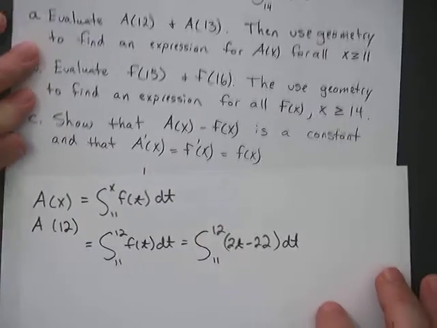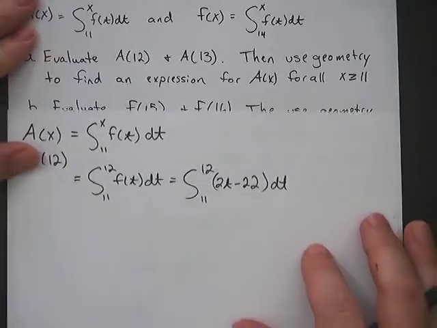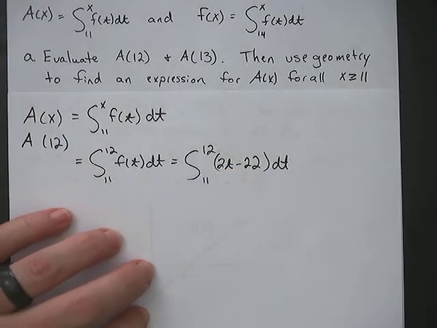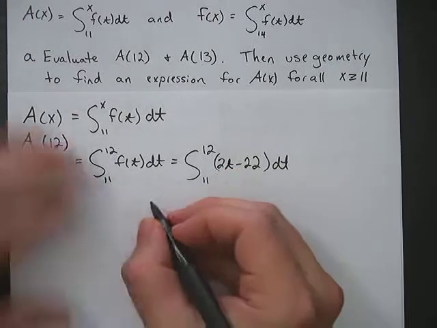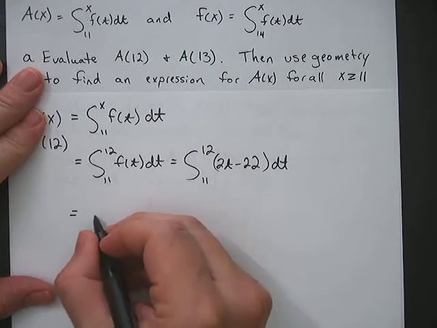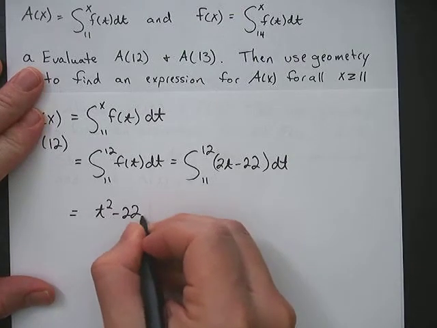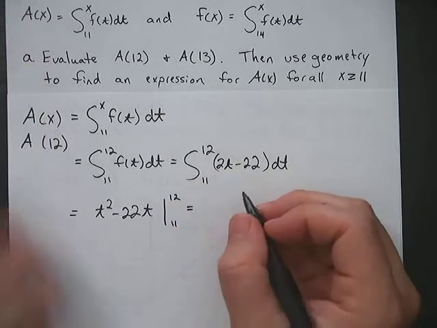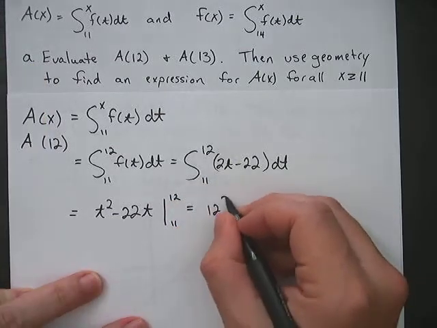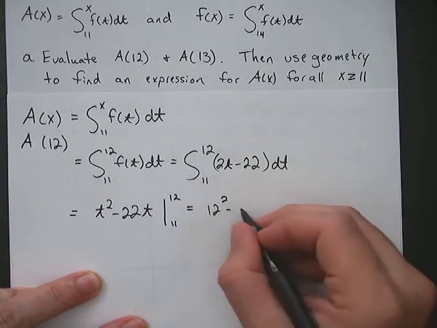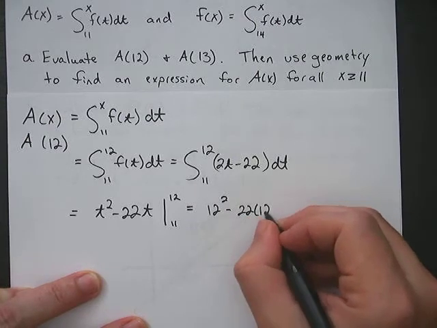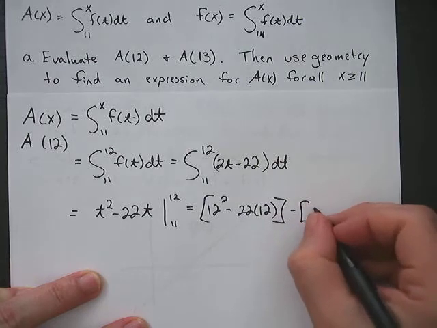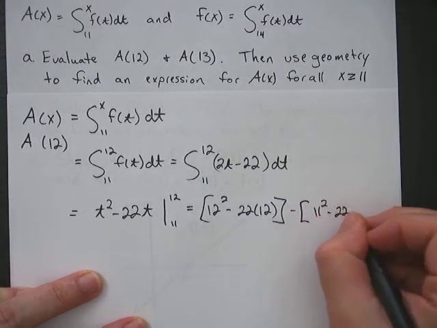We're going to do it with regular integration rules. I'm just going to take the antiderivative of 2t minus 22. That's equal to t squared minus 22t, and I'm going to evaluate from 11 to 12. So that's 12 squared minus 22 times 12, minus 11 squared minus 22 times 11.